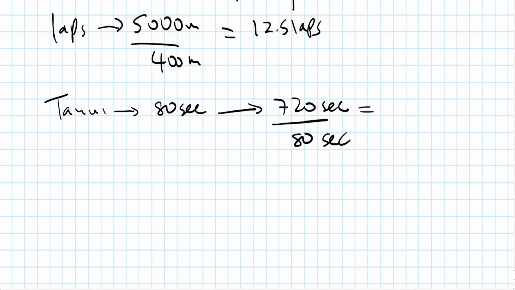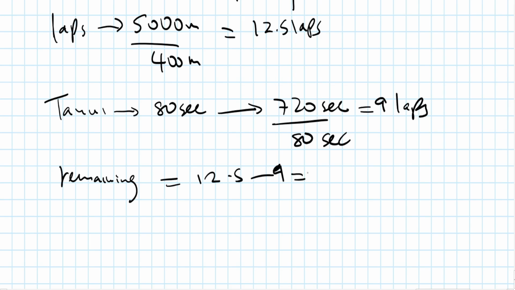So 720 divided by 80 is going to give us 9. So those are 9 laps. Now for the remaining ones, it's going to be 12.5 minus 9, which is going to give us 3.5. Is it 3.5 or 2.5?